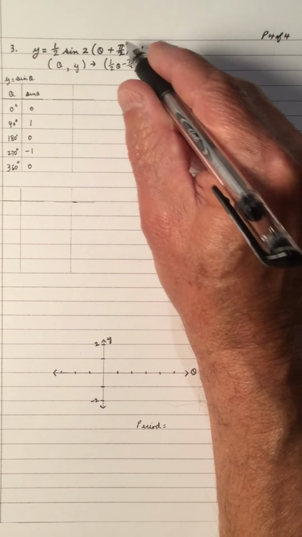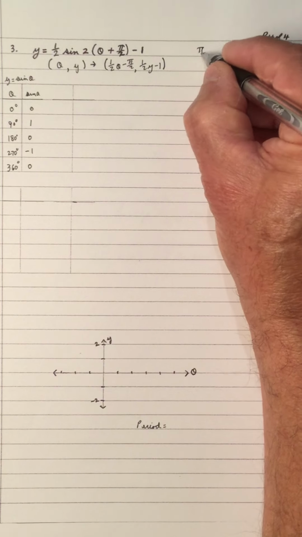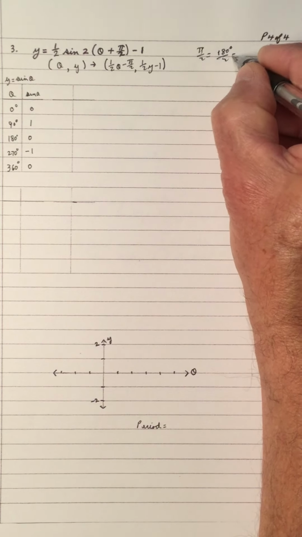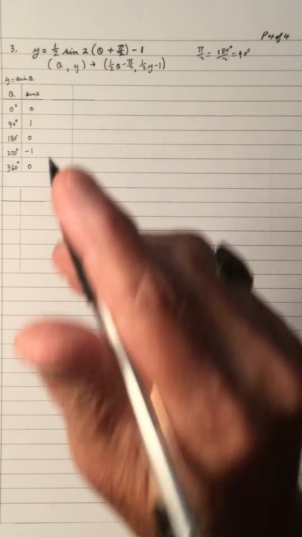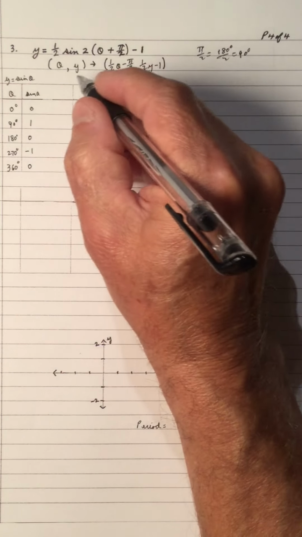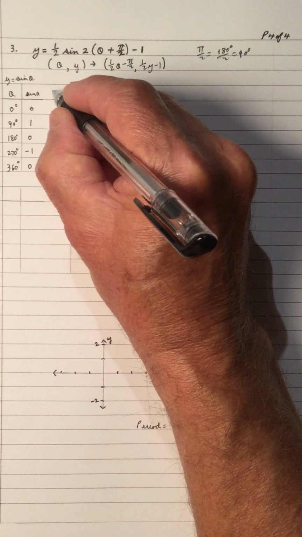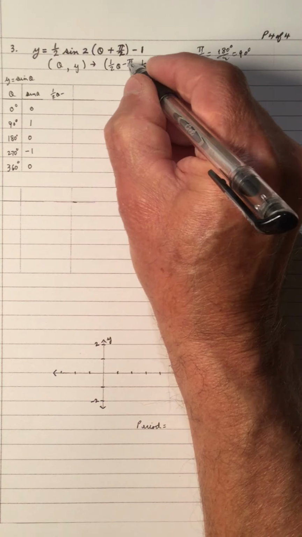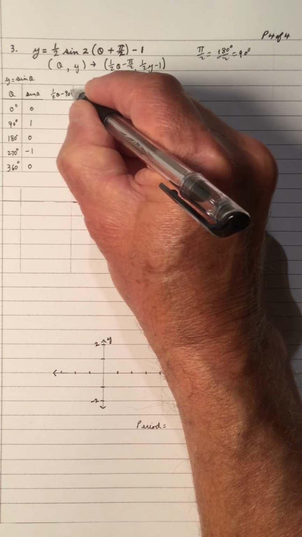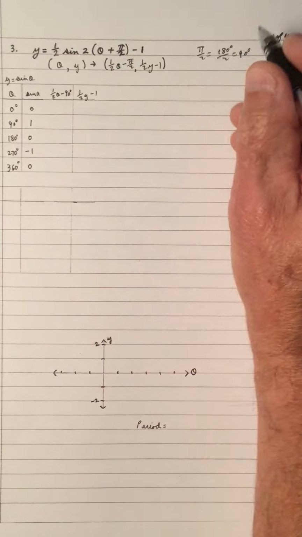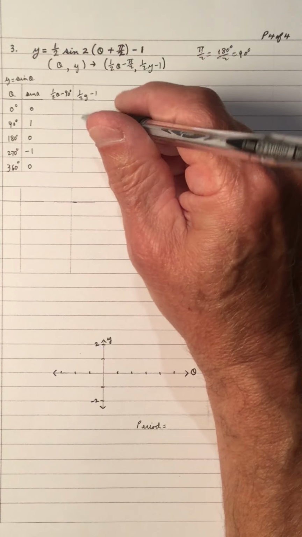Now, even though I have radians here, pi over 2 is 180 over 2, which is 90. So what I'm going to do is work it out in terms of degrees first. So this is a half theta minus pi over 2, which is minus 90. And this is a half y minus 1. I'm going to work it out in degrees first because I find that easier.